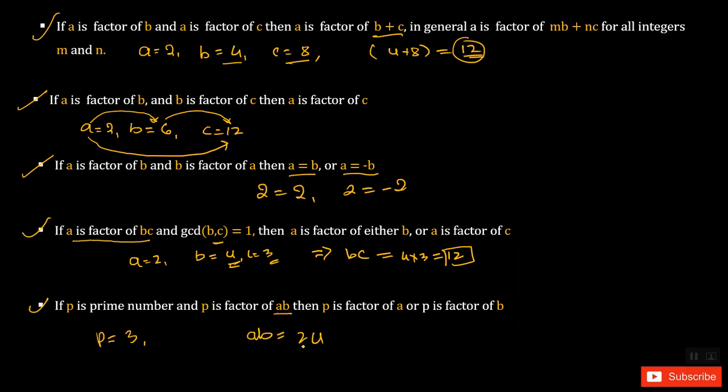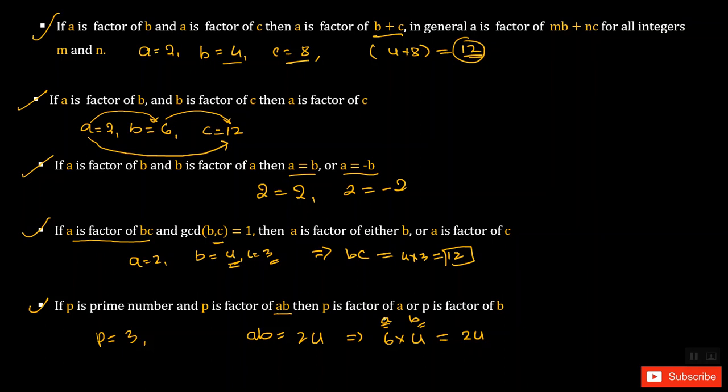Then in this one, this 24 has been made by two numbers, a times b, maybe 6 times 4. This number 24 has been made as 6 times 4. Now in this case, if I take this value as a and this value as b, then p can divide either a or b, but it can't divide both numbers.